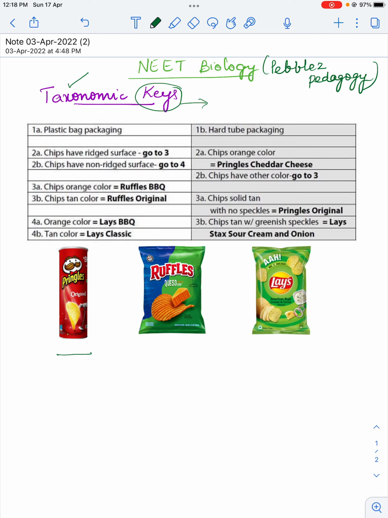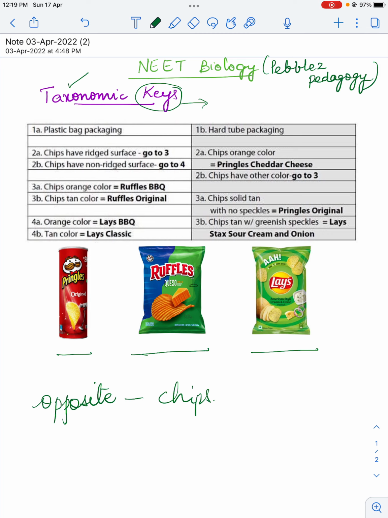Now if I take contrasting or opposite characteristics of each of these chips, I select characteristics which are opposite to each other. For example, I can use characters such as chips having ridged surfaces and chips having non-ridged surfaces. Apologies, it is ridged, not rigid.